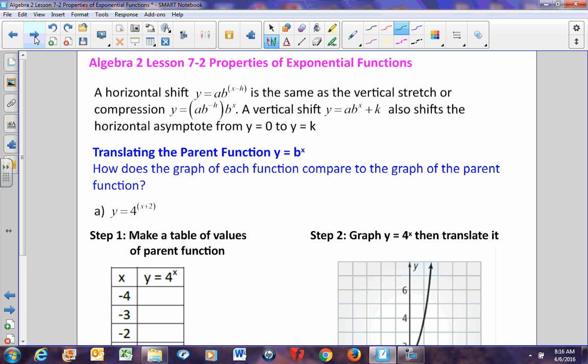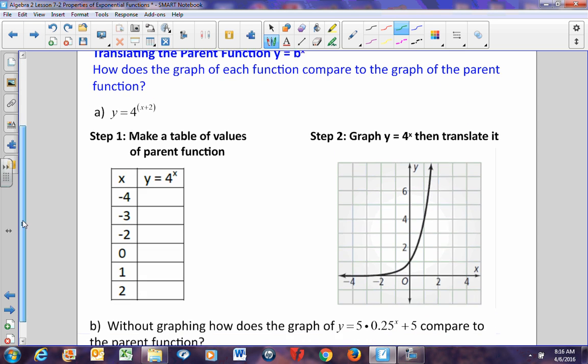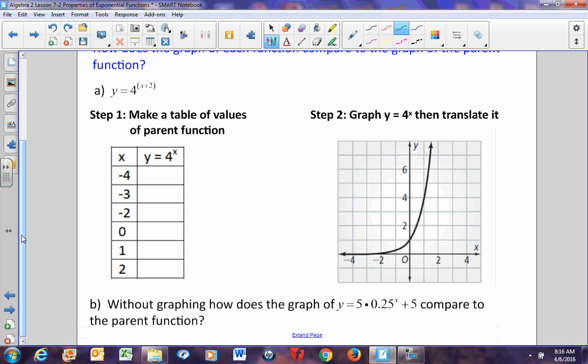So let's take a look at this. How does the graph of each function compare to the graph of the parent function? In this first one, we have y equals 4 to the x plus 2. So let's make a table of values for my parent function, y equals 4 to the x. 4 to the negative 4th becomes 1 over 4 to the 4th, which is 1 over 256. 4 to the negative 3rd becomes 1/64. 4 to the negative 2nd becomes 1/16. 4 to the 0 becomes 1. 4 to the 1st is 4, and 4 squared is 16.